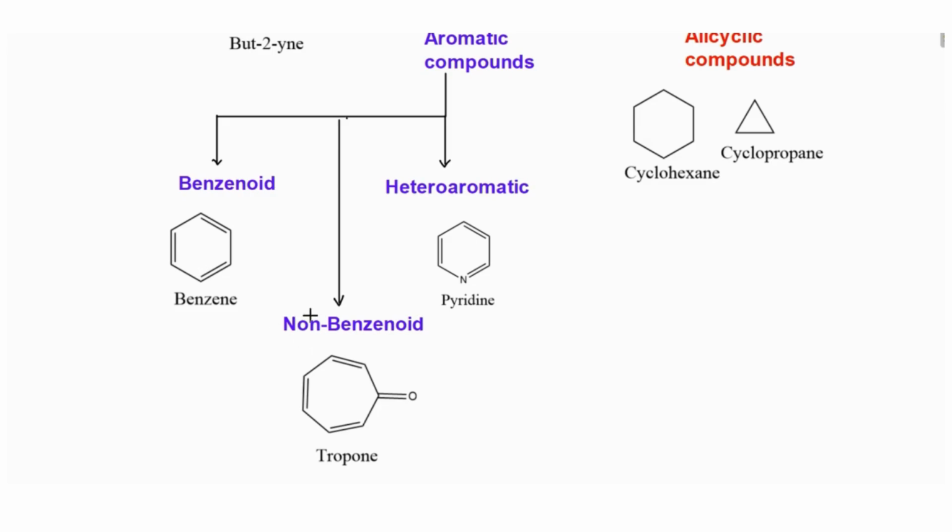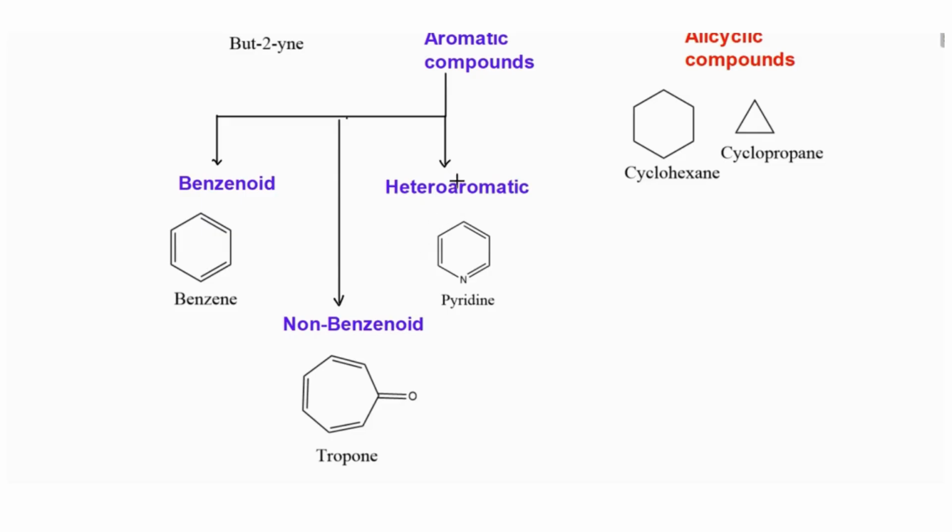Now non-benzenoid means it won't contain a benzene-like structure, but it behaves as an aromatic compound. Again I repeat, these will not have any benzene-like structures, but these compounds behave as aromatic compounds. Such compounds are called non-benzenoid, but they are aromatic. The third category is heteroaromatic.